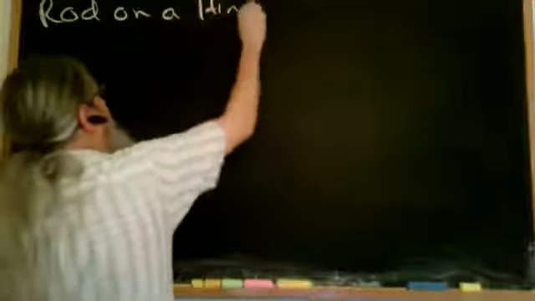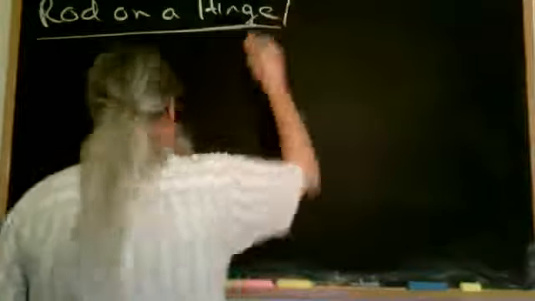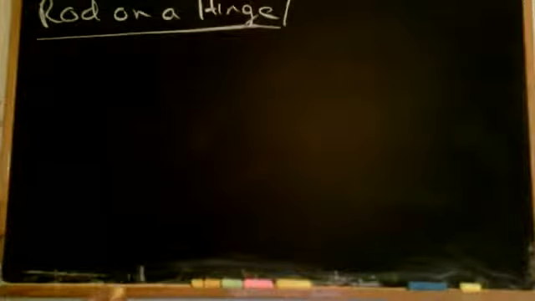The first problem I'll call rod on a hinge. So what does this problem look like? I'll set up a situation where I've got a wall or a ledge, if you will.